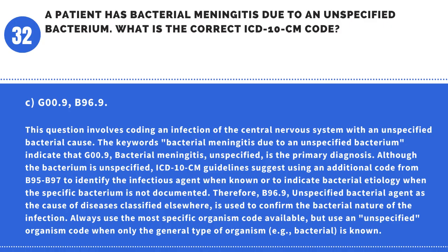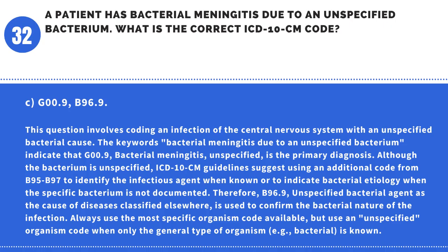The keywords bacterial meningitis due to an unspecified bacterium indicate that G00.9, bacterial meningitis unspecified, is the primary diagnosis. Although the bacterium is unspecified, ICD-10 guidelines suggest using an additional code from B95 to B97 to identify the infectious agent when known or to indicate bacterial etiology when the specific bacterium is not documented.